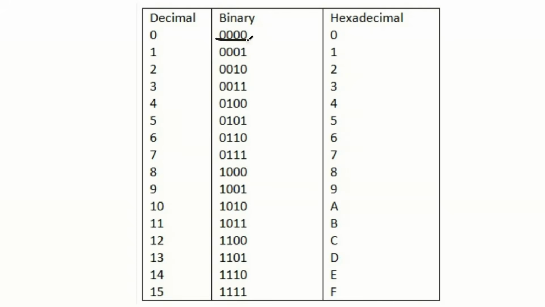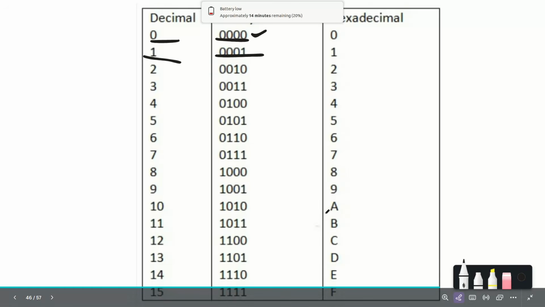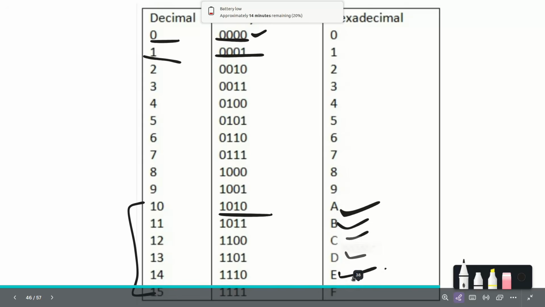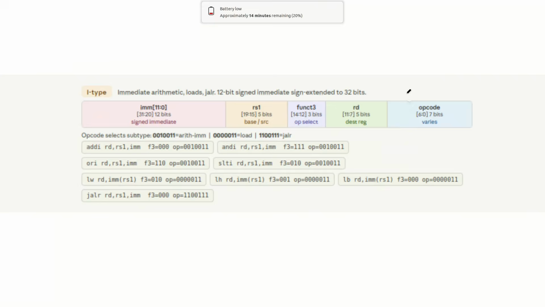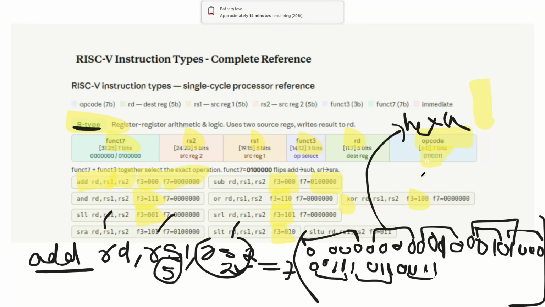First we are taking groups of 4, right? So if I have 4 zeros, then it is 0. If I get 0001, it is 1. We know how it is. And if I get from 10 to 15, I have to represent it as A, B, C, D, E, F. This is how I will write it in the machine language format. Understood? So I finally got this binary number, which I convert to machine language by converting into hexadecimal.